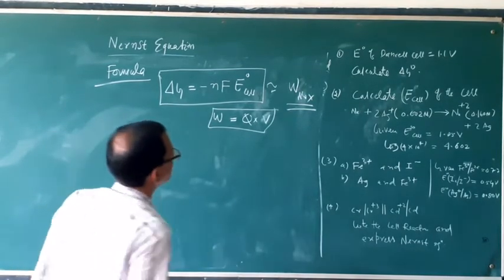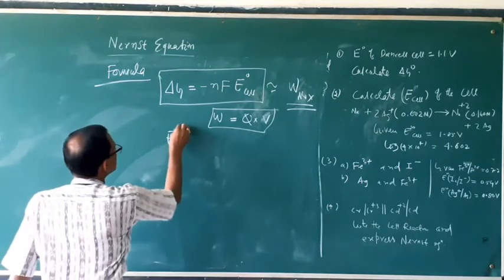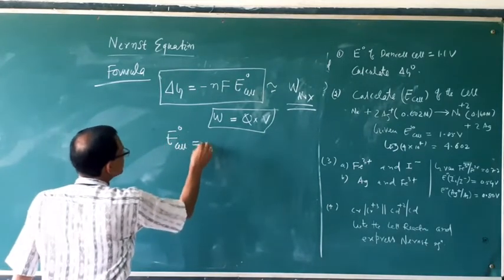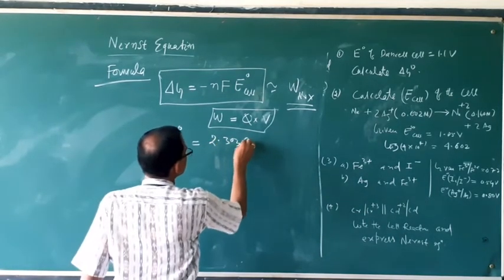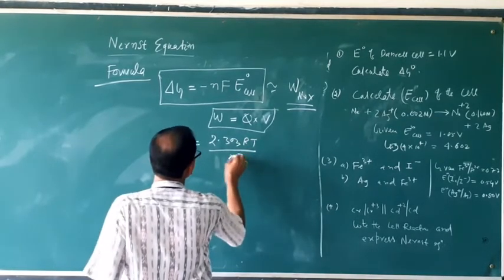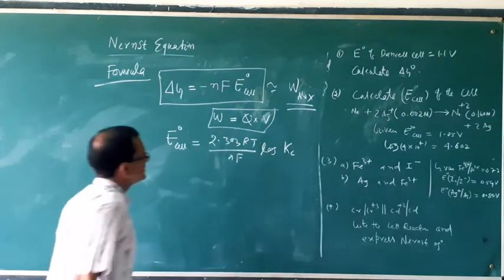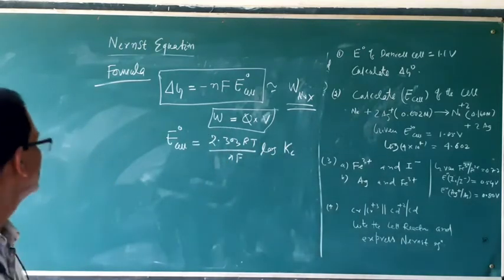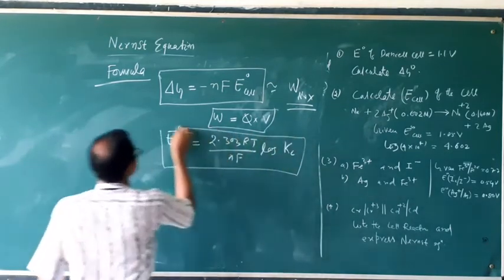Another formula that you have already written: E naught cell is equal to 2.303 RT by nF log Kc. Already you have written this law of Kc. What is Kc? Equilibrium constant. This expression is also another important relation.